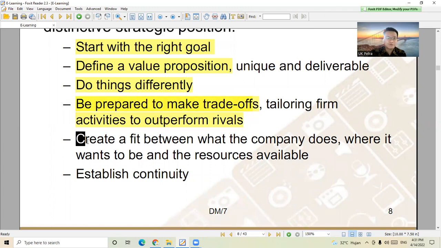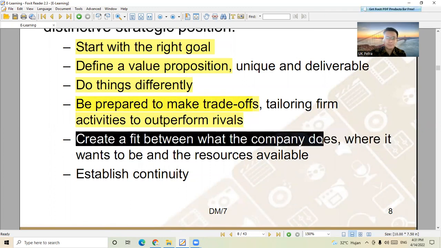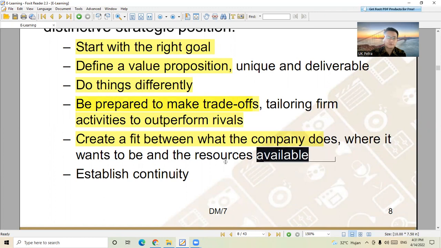Next, we have to create a fit between what the company does, where it wants to be, and the resources available. So it talks about the vision, the mission, and objectives in relation to the available resources. In other words, we cannot just have a big dream, very big visions, very big missions, but we don't have any resources, or the resources are very limited.